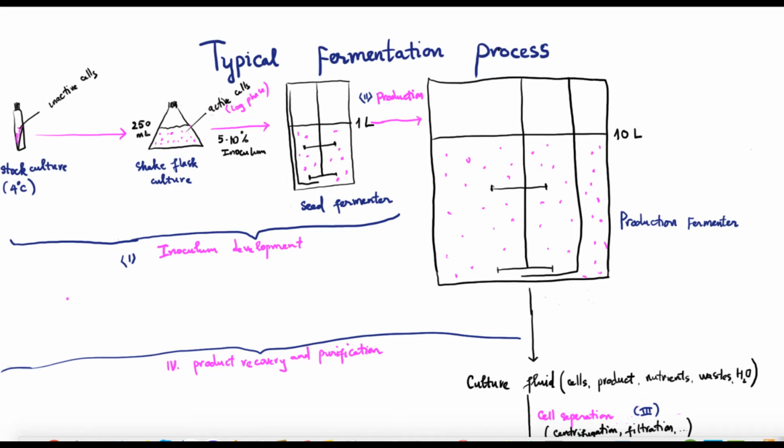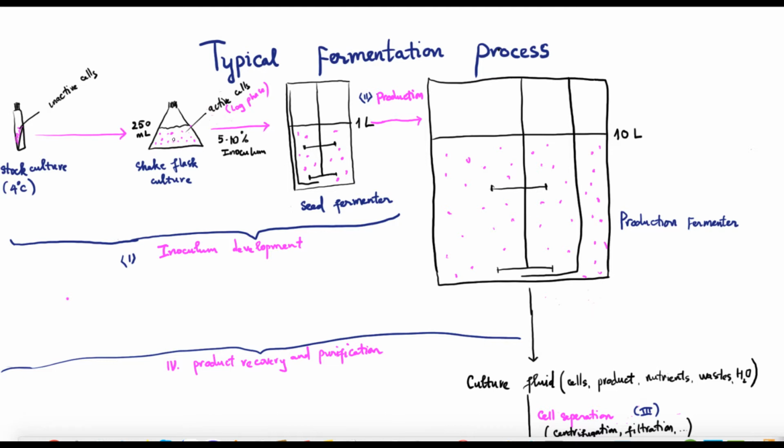To activate the cells from this stock culture, we just need to transfer them into a culture containing a small volume of their optimal medium. This culture will then be placed under optimal conditions for the cells to grow.